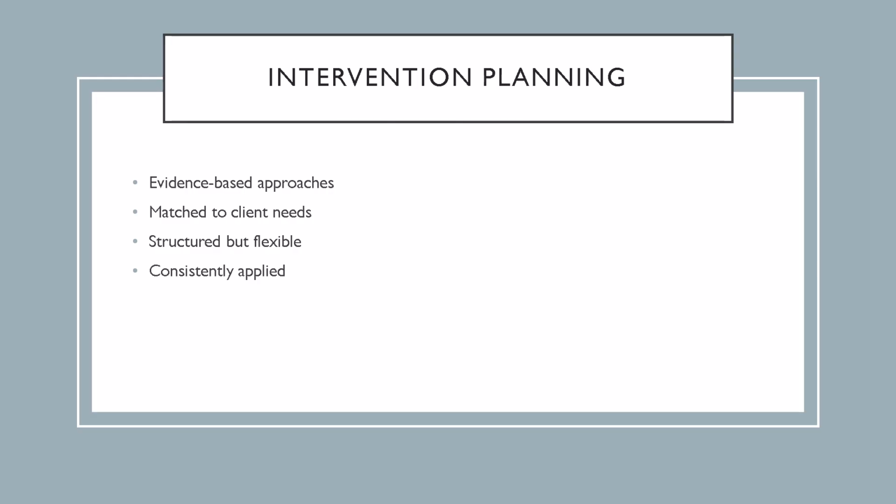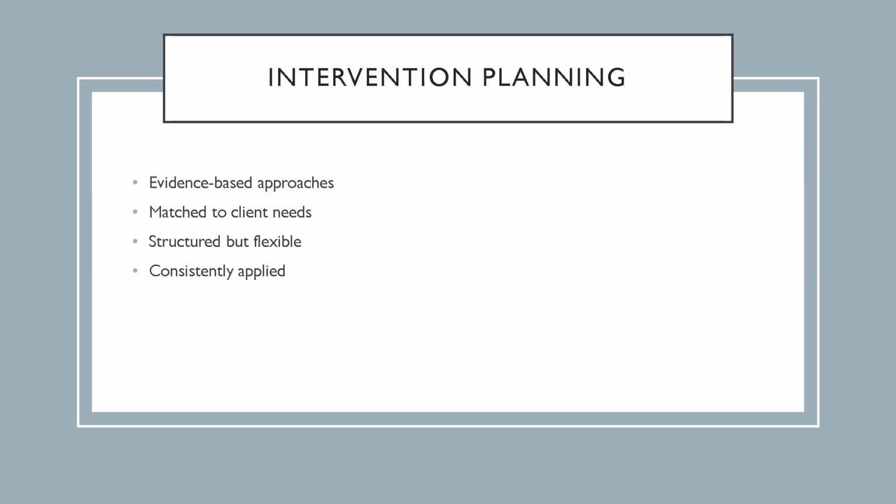Intervention planning is where your clinical skill becomes most visible, because this is what you're actually doing with the client. It's not just enough to say that you're going to address substance use. You need to define how you're going to address it. This is where evidence-based approaches come into play. So for example, cognitive behavioral therapy helps clients identify and change their thought patterns that lead to use.